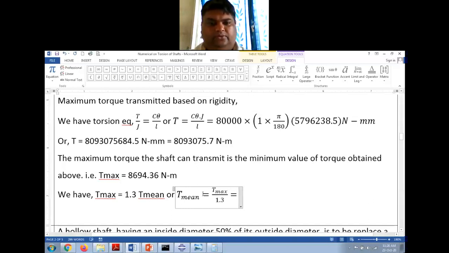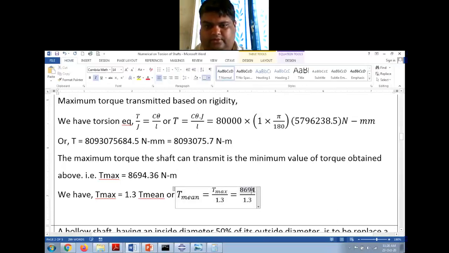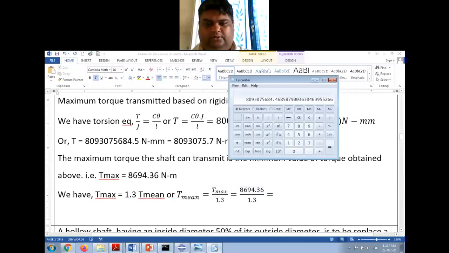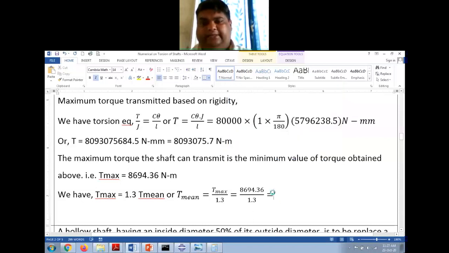So this is equal to 8694 by 1.3. This is 8694.36 by 1.3, which is 6687.6797. So I'll round it off to 6688 Newton meter, right?